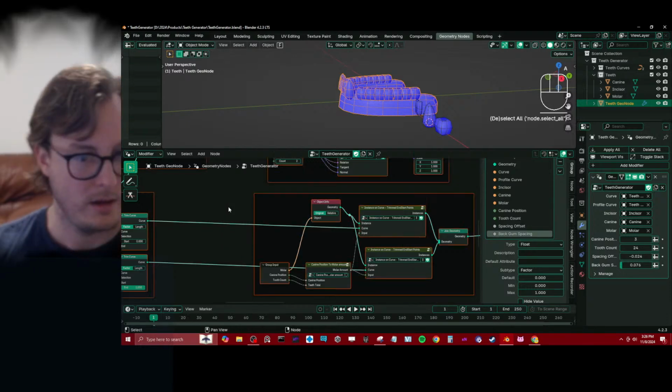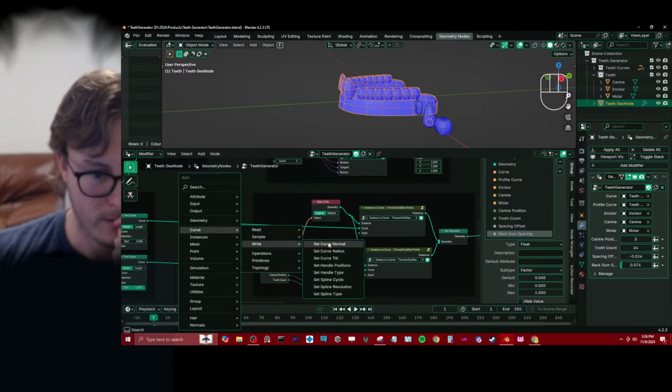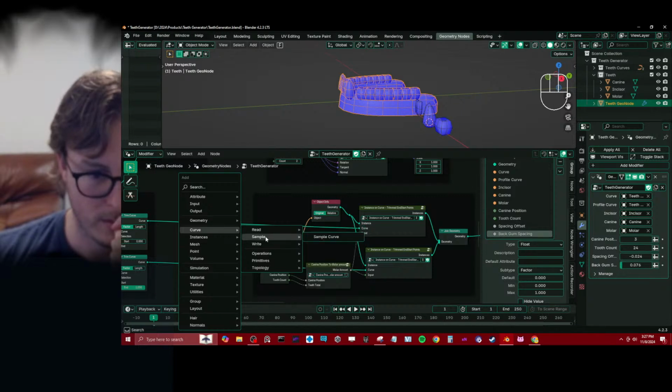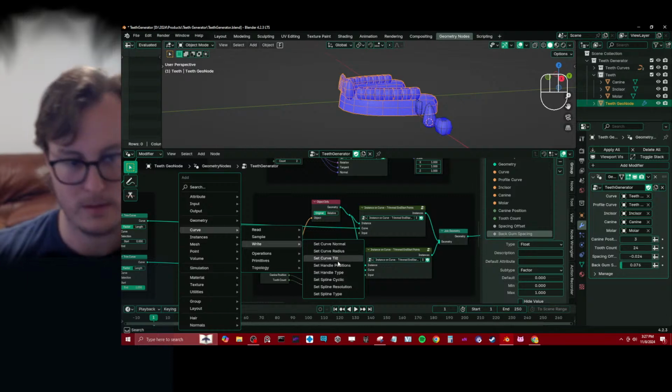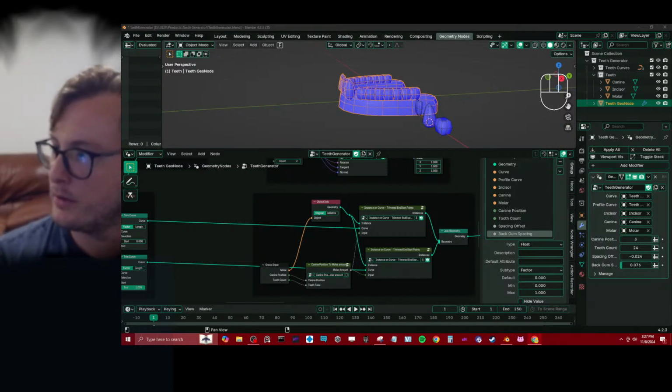I should be able to take a curve. Yeah, Geo node flip curve.